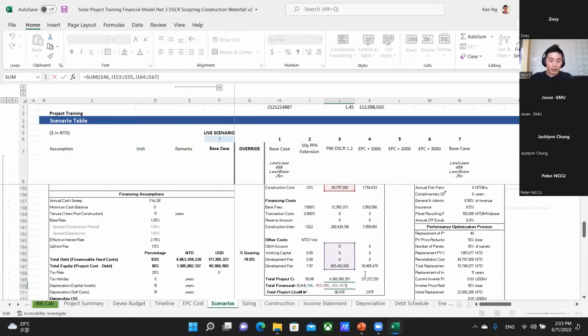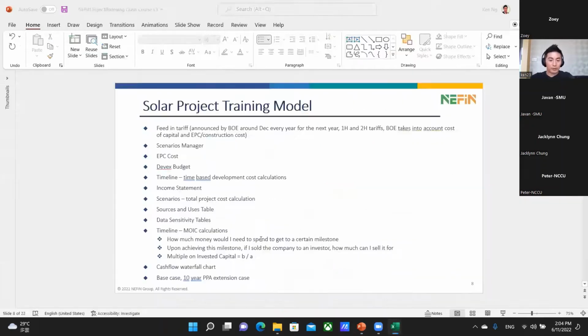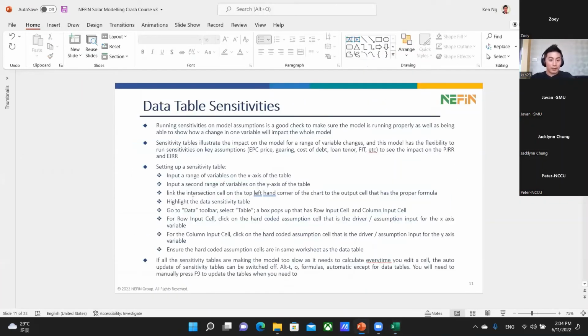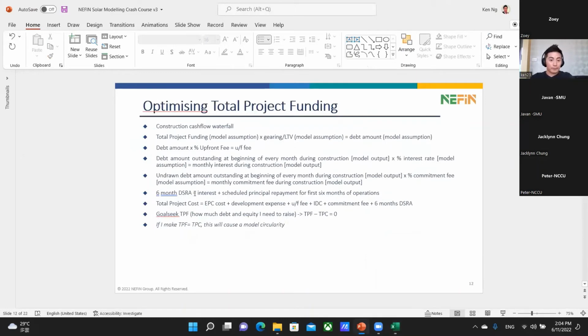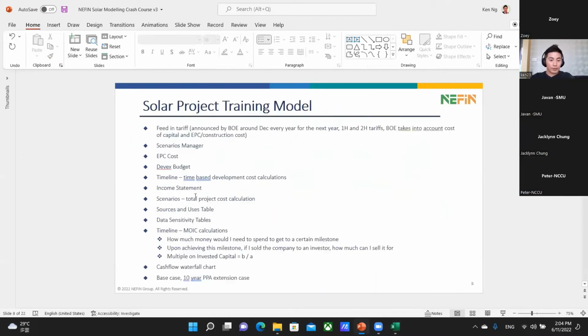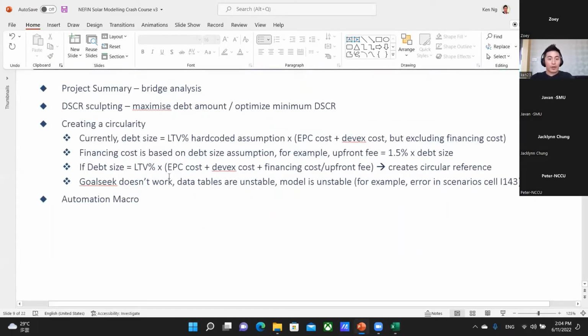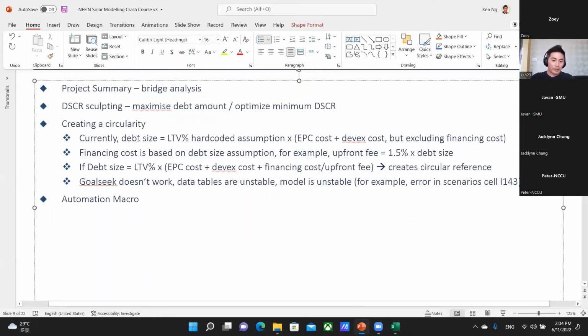The reason is because it creates a circular reference. So let me just try to explain that a little bit better. Yeah, circular reference. Okay, so right now, in our analysis, we're assuming that the debt size is our gearing assumption, so 82.5%, multiplied by the total costs, which is EPC costs plus our DevEx, but it excludes the financing costs.